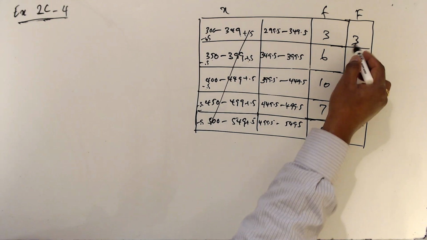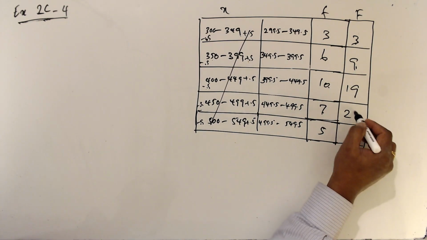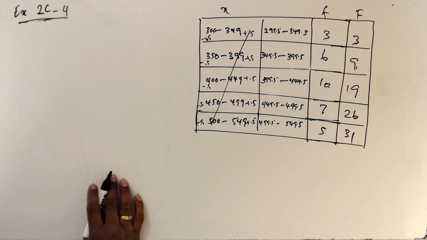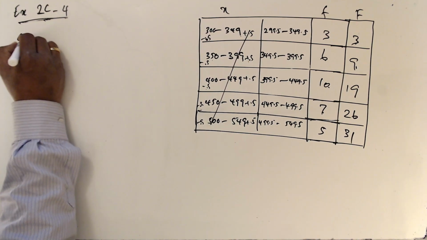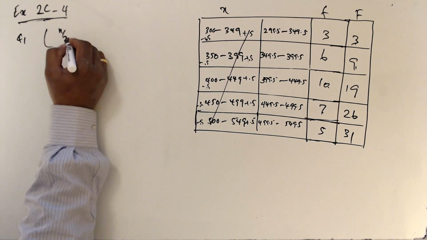3 plus 6 is 9, 9 plus 10 is 19, 19 plus 12 is 31. Right, now we are ready to do the interpolation. The first question is Q1. Q1 is n divided by 4.